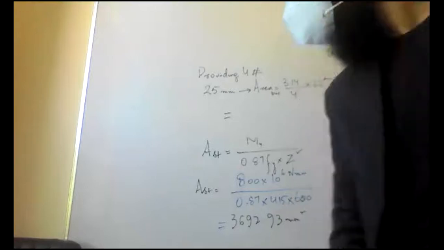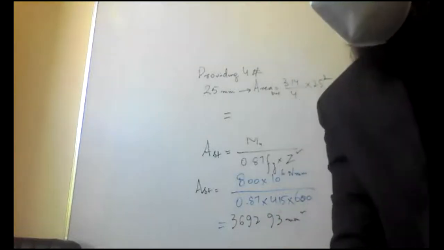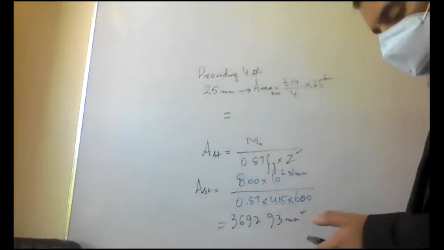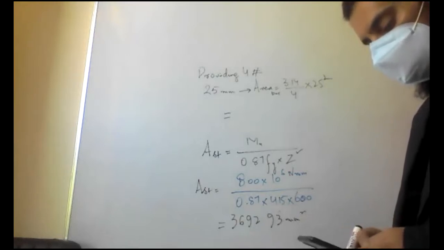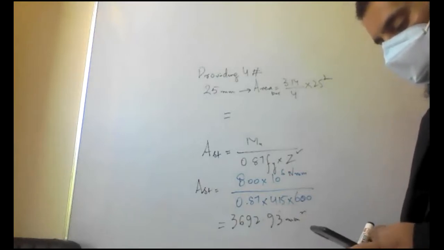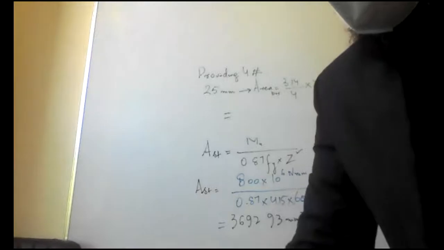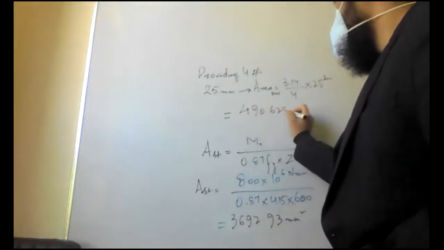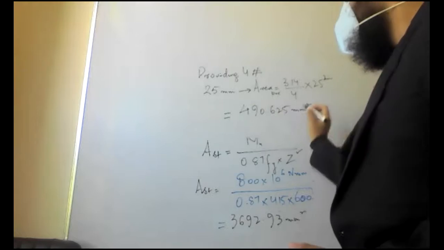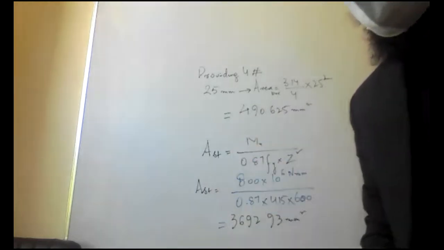How much will it come? This is 490 mm square, the area of each bar.